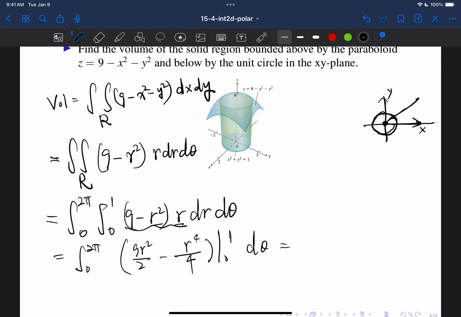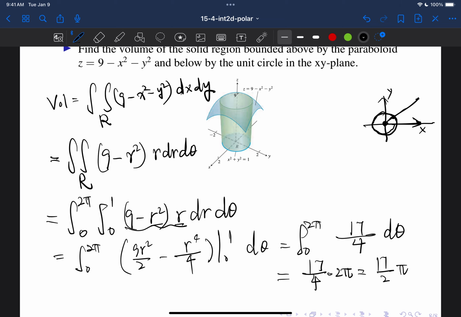And that gives us the integral from 0 to 2 pi of 18 minus 1 over 4, which is 17 over 4, d theta. So 17 over 4 times 2 pi, which gives me 17 over 2 pi.